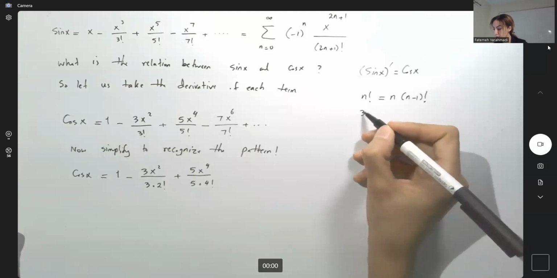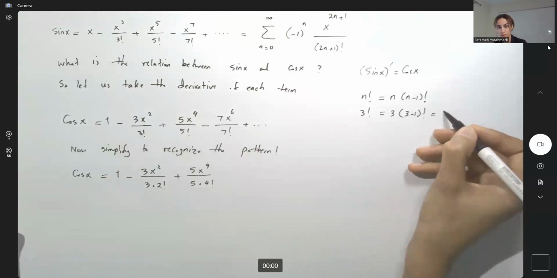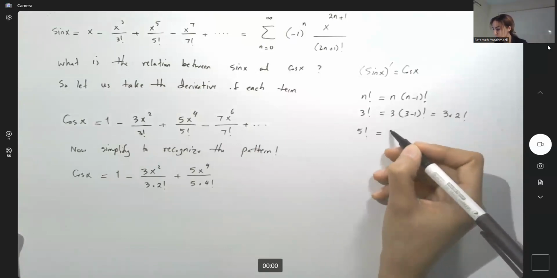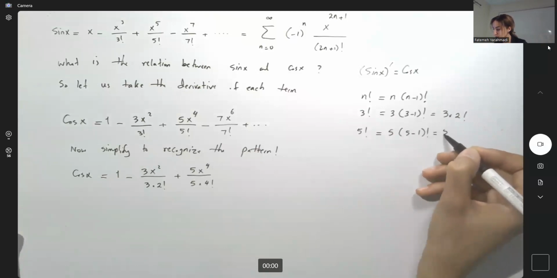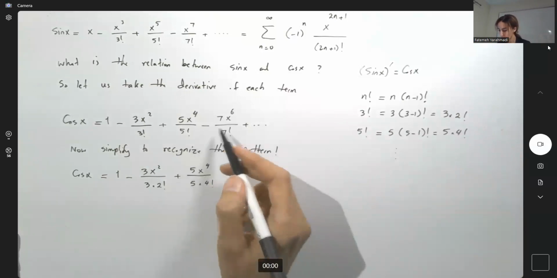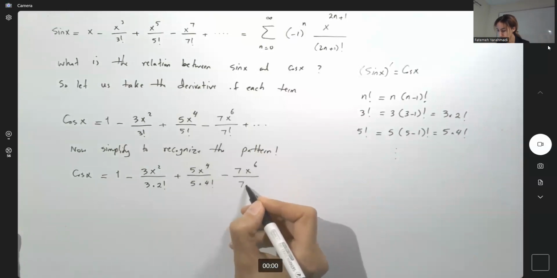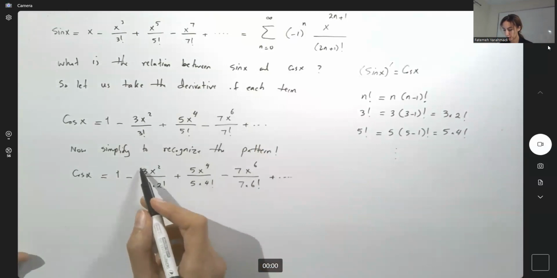So 3 factorial equals 3 times 2 factorial, and 5 factorial is 5 times 4 factorial, and so on. And this term is minus 7x to the sixth divided by 7 times 6 factorial, plus the rest of the terms. So this is basically algebra.